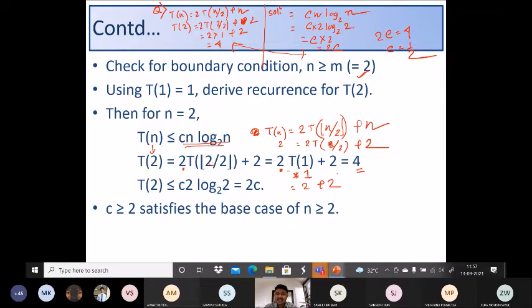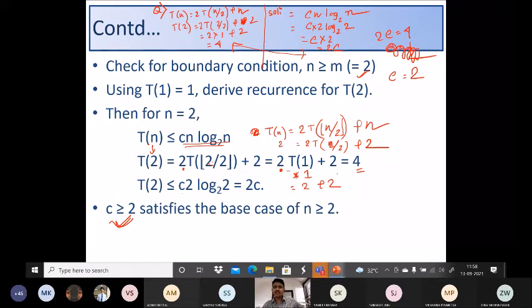Now the thing is, C equal to half, got this. Okay, it's not half, sorry, I am bad in mathematics. C should be 4 by 2, it's 2, not half. So C value should be greater than or equal to 2. Why greater than or equal to 2, not just 2?